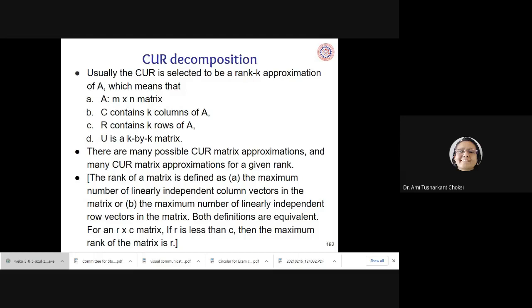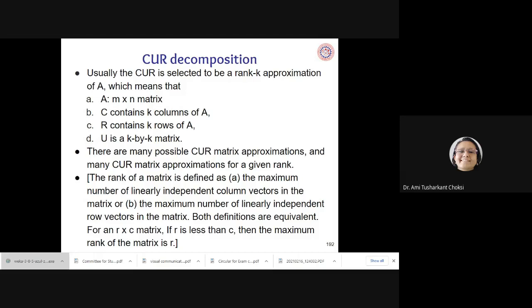Both definitions are equivalent for an R cross C matrix. If R is less than C, then the maximum rank of the matrix is R, right? See, this rank of a matrix is already known to you. I have just shown you because you may have forgotten that, right?